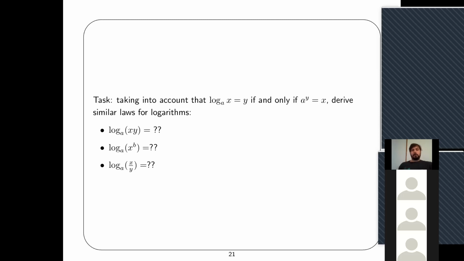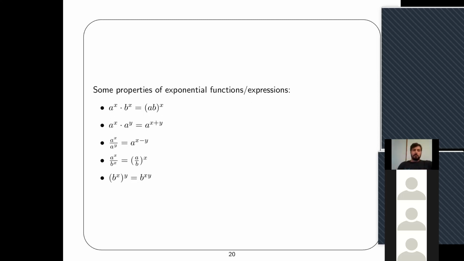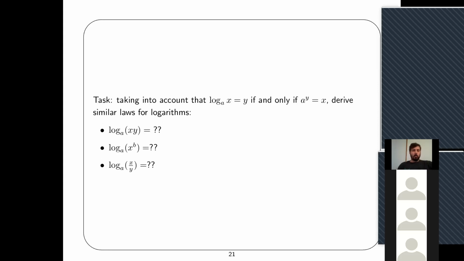The final task that I would impose upon you, before we move on to a little bit of discussion about limits: take into account that the base a logarithm of x equals y if and only if a to the power of y is in fact equal to x. So using this, figure out how to derive these. What is the base a logarithm of x times y?